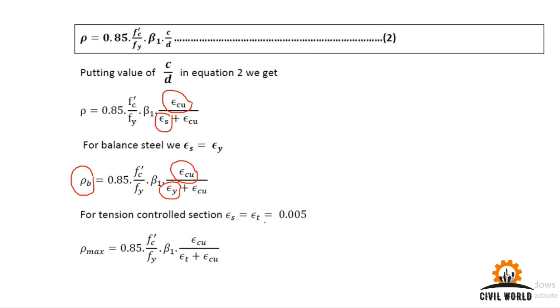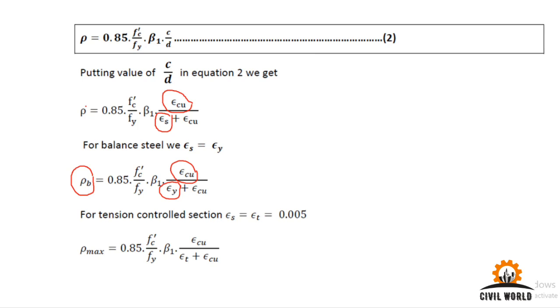For that purpose, we have increased the value of strain in steel. Increasing the value of strain in steel means we have reduced the reinforcement ratio. We have reduced our total reinforcement in our section, so it is less than the balanced reinforcement ratio.